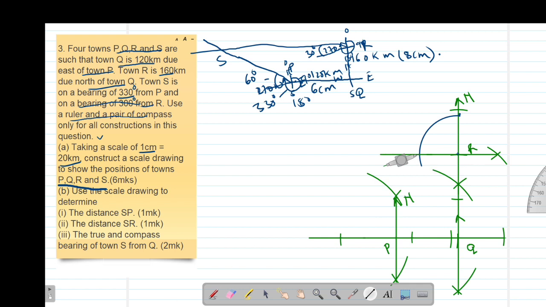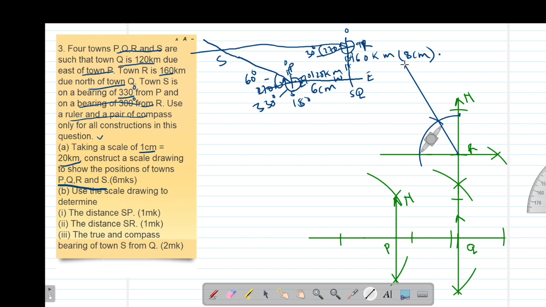Then without changing the radius, I'm going to make another arc. Remember, we are using the same radius, so I'll make another arc. So this one is giving me the angle that we are calling 60 degrees. So from this point, what we have constructed is angle 60 degrees.